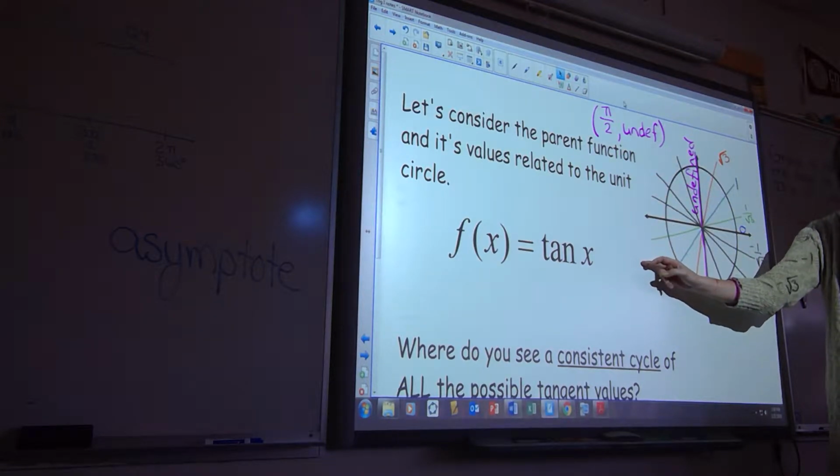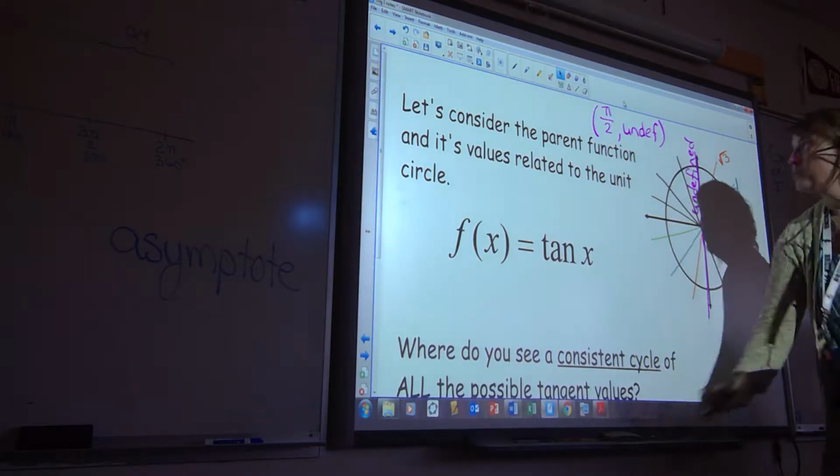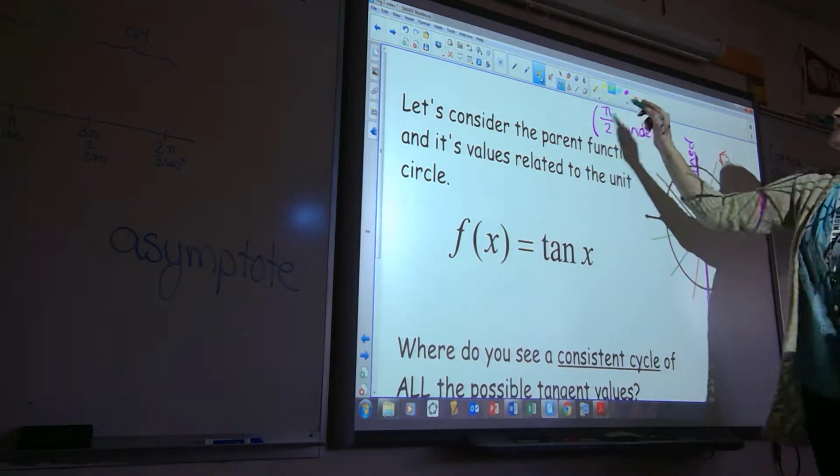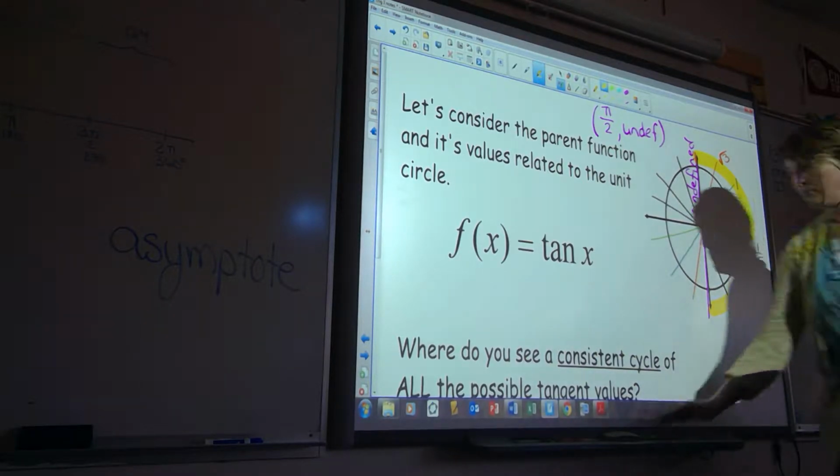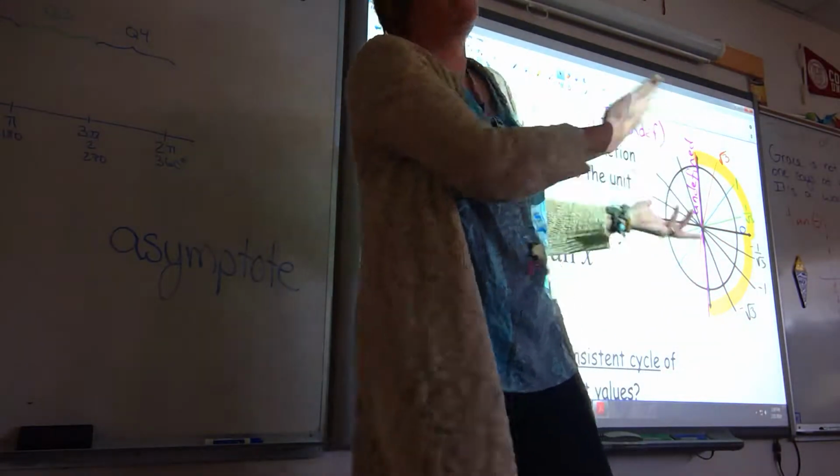Instead, what if I did all of the angles in quadrant 1, but then all of the angles in quadrant 3? Would that give me all my positive tangent values and all my negative tangent values, and the 0 and the undefineds? Okay, awesome. Well, then let's do that, because that's just a little bit easier.